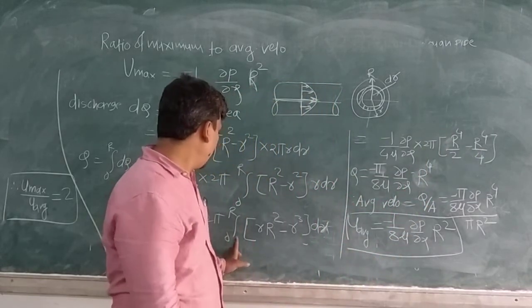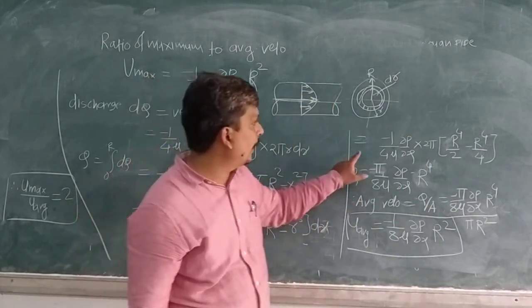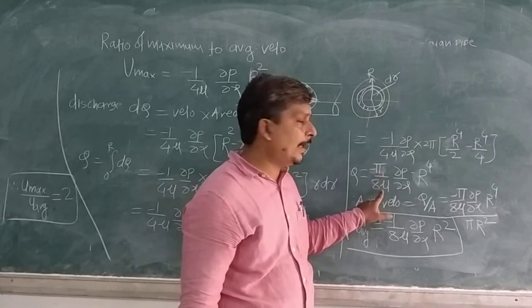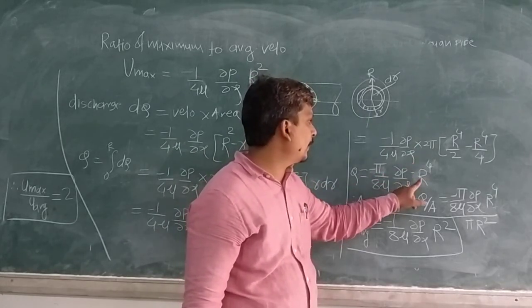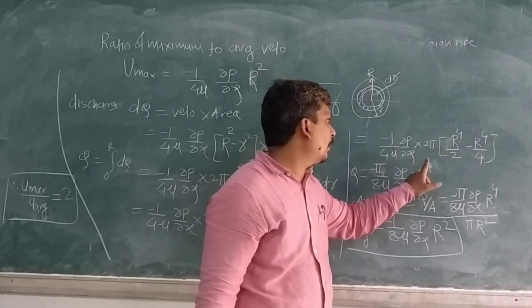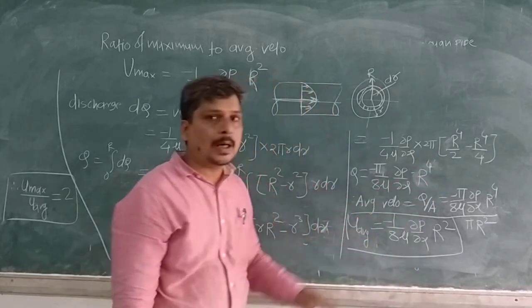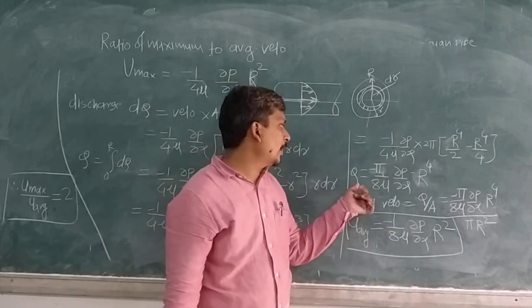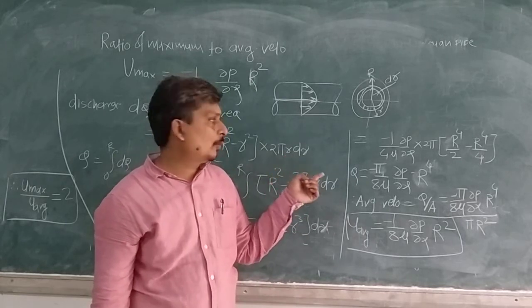The 0 limit will be cancelled. So we get minus pi by 8 mu, delta p divided by delta x, R raised to power 4. So this is the discharge formula for flow through a pipe.